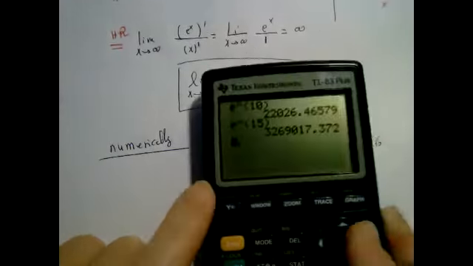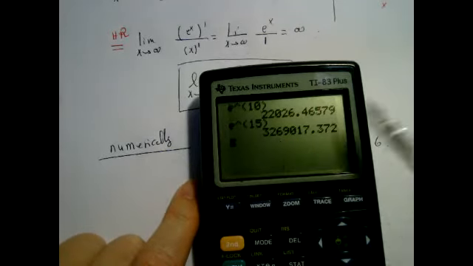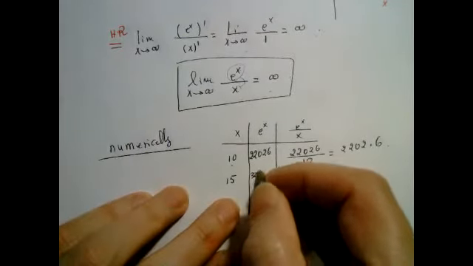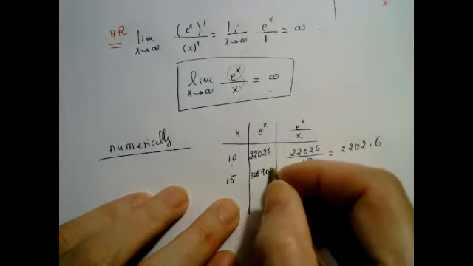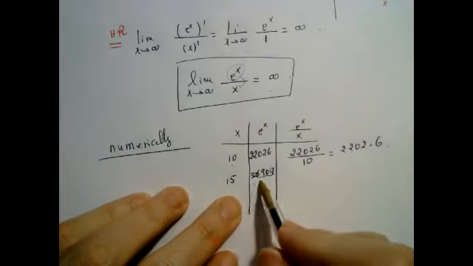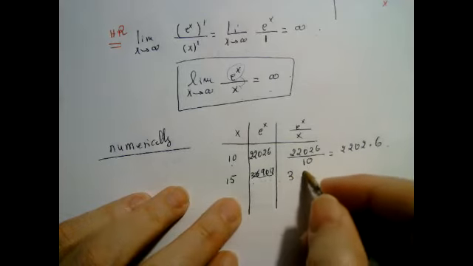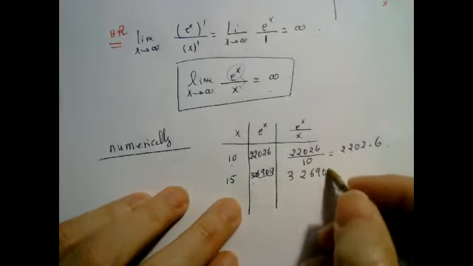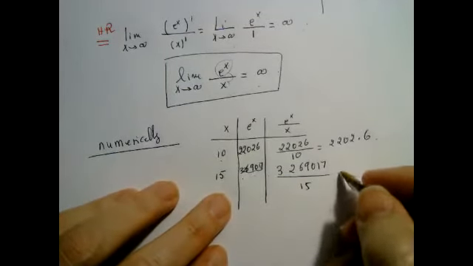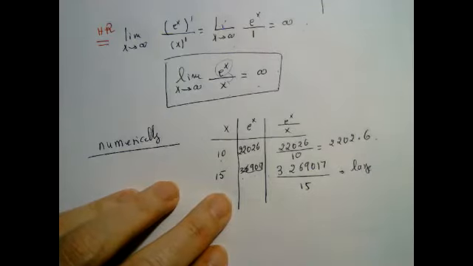Which is much larger. Look what e to the 15 is. E to the 15 is huge. If I copy my numbers, it's 3,269,017. So when I take the ratio of 3,269,017 divided by 15, I really don't feel like doing the math, but I know this is a large number.